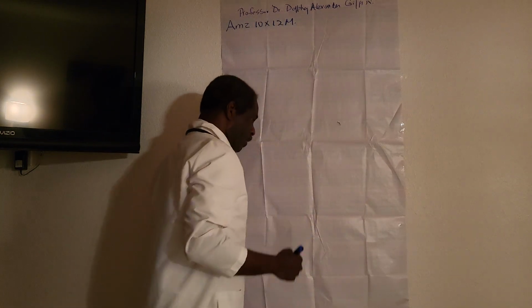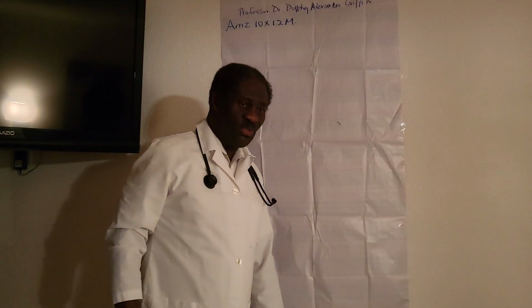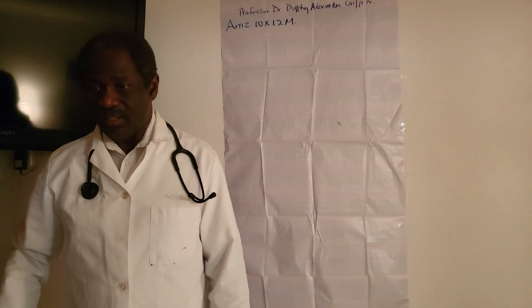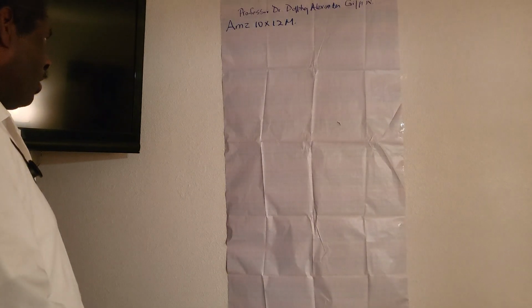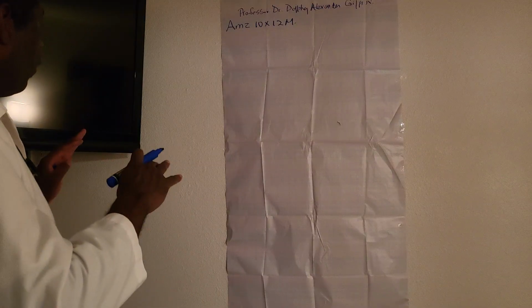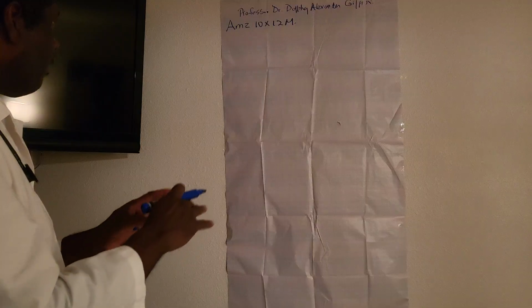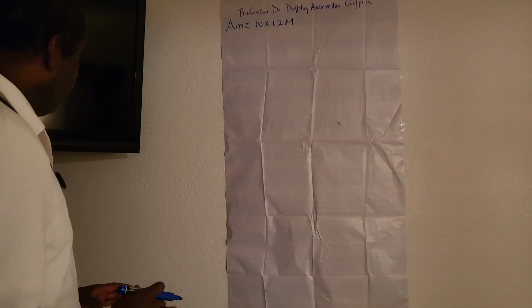First I want to focus on the Amz 10 by 12 matrix because of its chemical application. Like I said, we had many multidimensional application here. Economics, science, sports, and in science now we have chemistry, and sometimes we are in mathematical application.